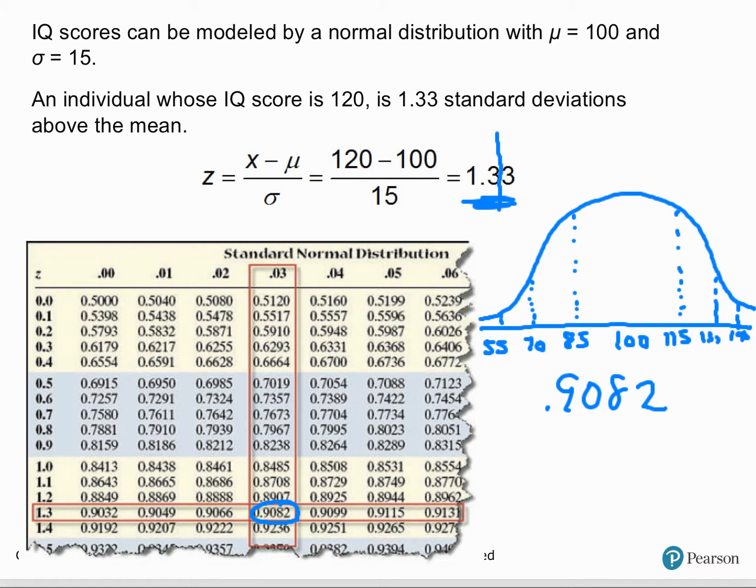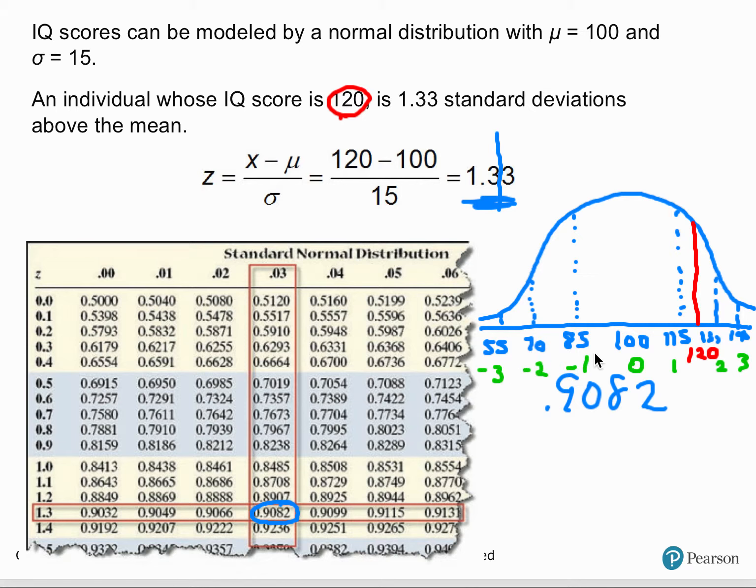Now the value we're looking for is 120, and that's right here. Also, this is our raw data, and if we put our z-scores on here, it would look like this.